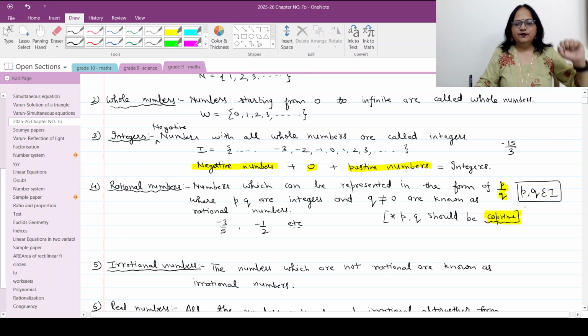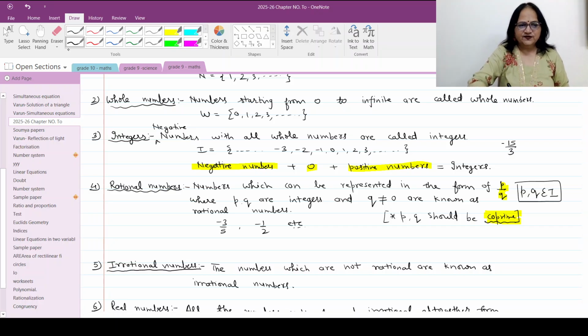Why q should not be equal to 0? Because division by 0 is not at all defined, right? So we cannot have q as 0. So rational numbers like minus 3 by 5, minus 1 by 2, even 0, minus 1, all the numbers, right? Integers maybe we don't have fractions, but rational numbers maybe you have numbers in fraction and decimal as well.